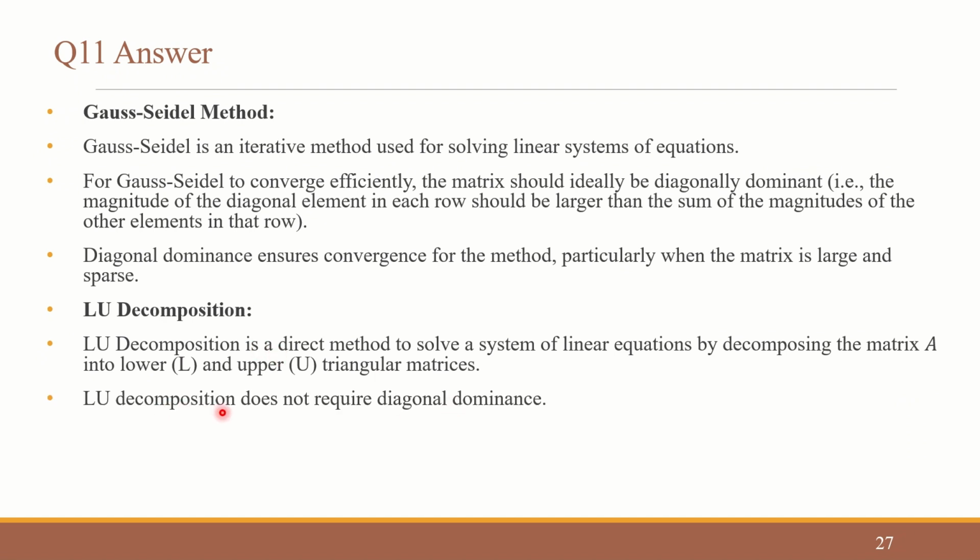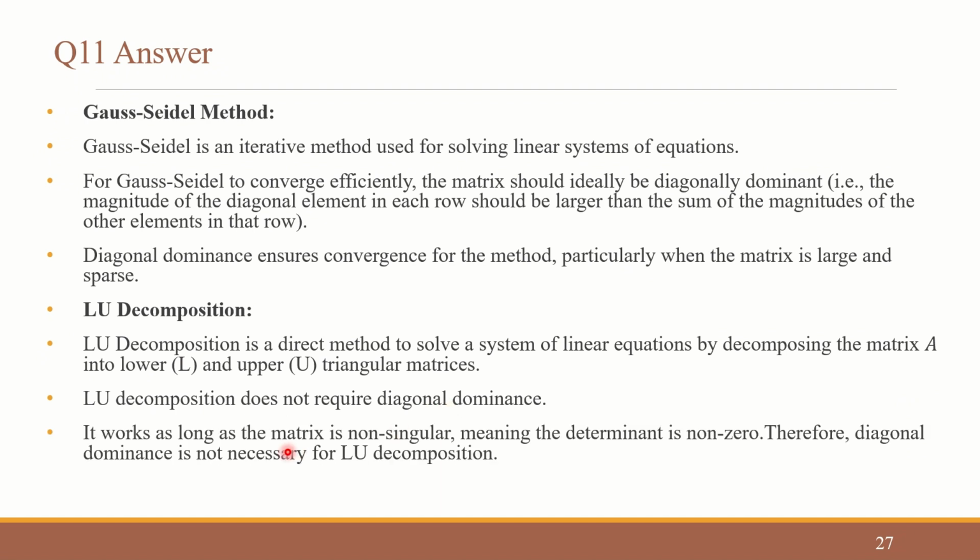LU decomposition does not require diagonal dominance. It works as long as the matrix is non-singular, meaning the determinant is non-zero. As long as the determinant of matrix A is non-zero, LU decomposition works. So diagonal dominance is not necessary for LU decomposition.